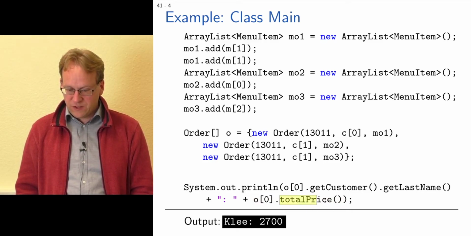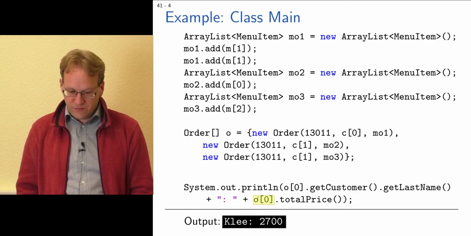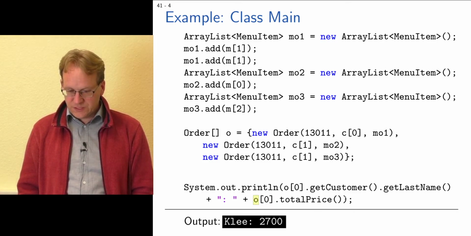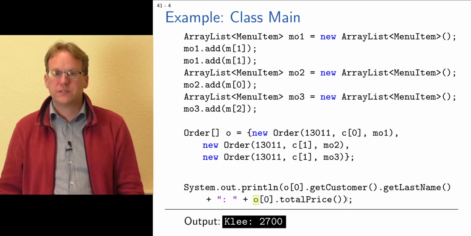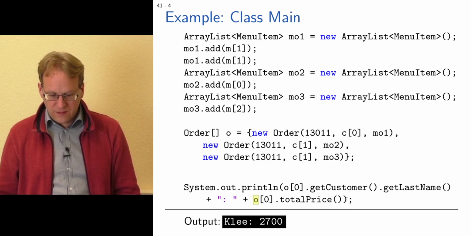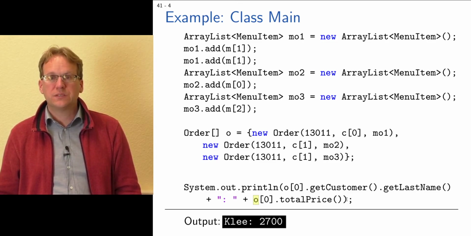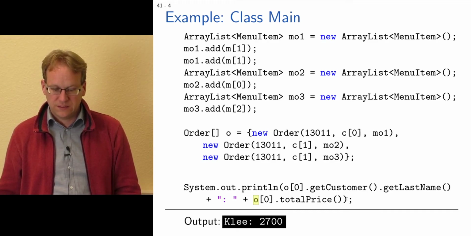And that I do by calling this method total price for my order object at index position 0 of my array O. Well, and this total price, what is that actually? It should be twice the price for pizza calzone plus the price for delivery to the zone of customer Klee.